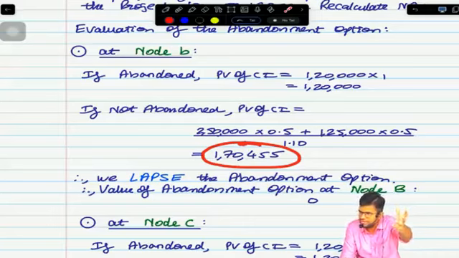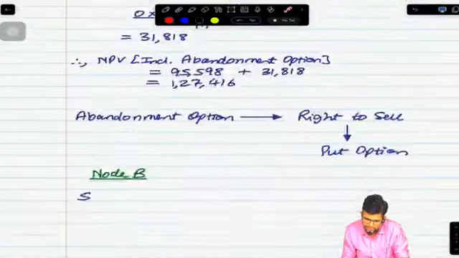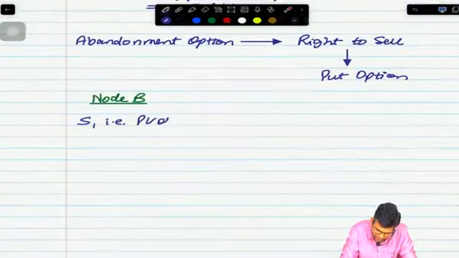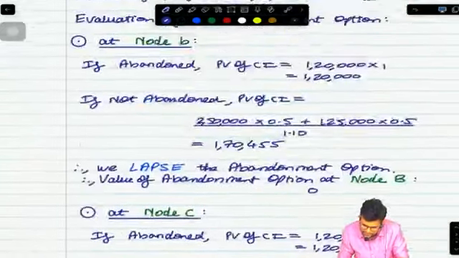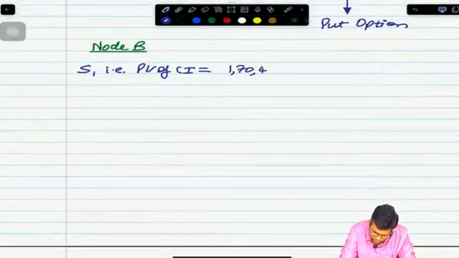Everybody clear? The present value of all future cash inflows turned out to be 174.45. So I'll write here S1, that is PV of CI, is equal to, 174.45, no, it was 455.